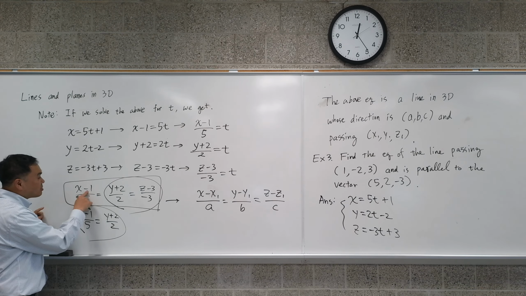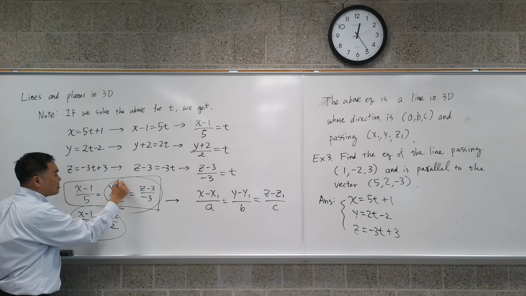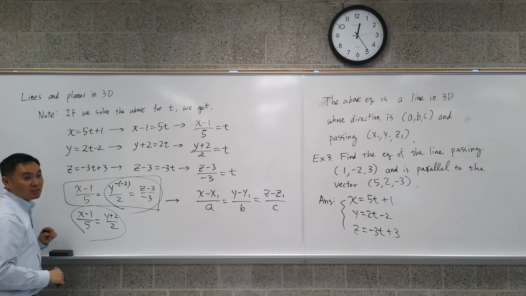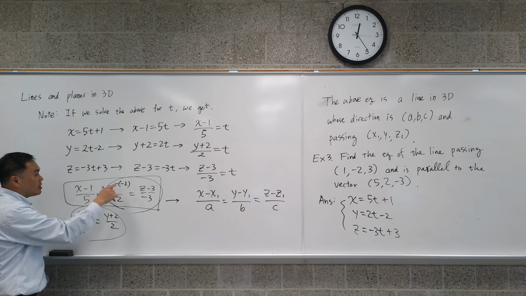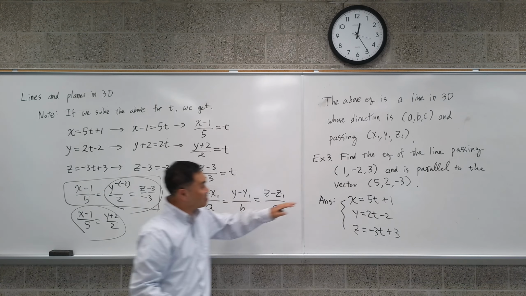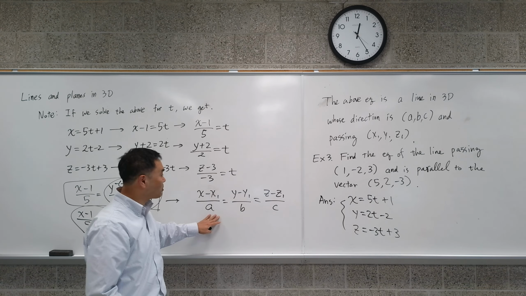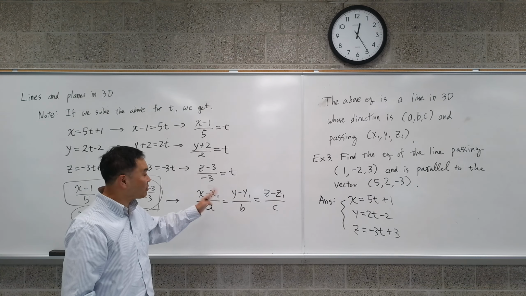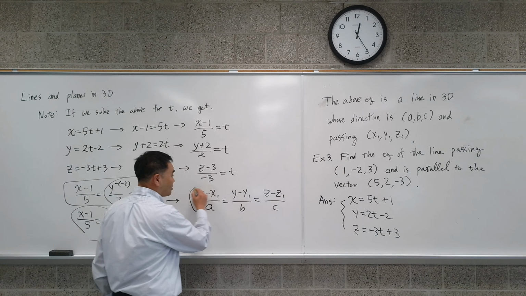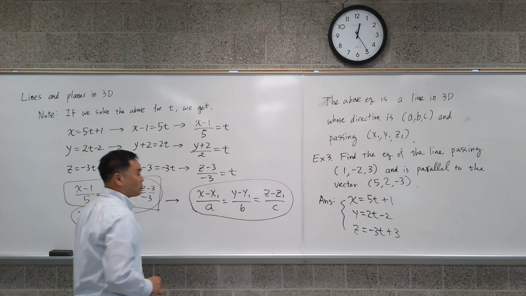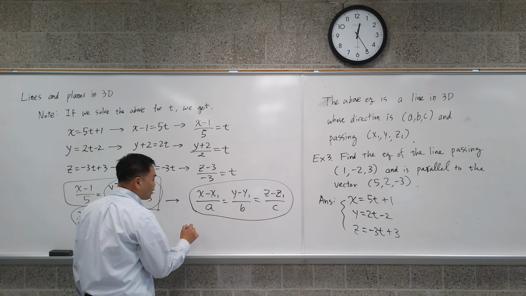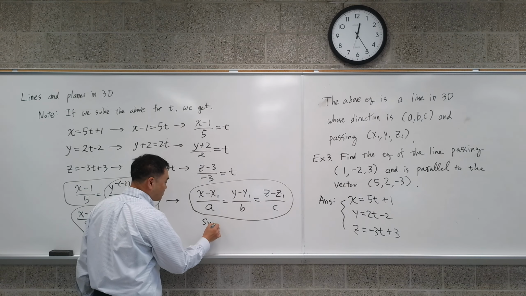It's x minus 1, and think of this as x minus negative 2, and x minus 3, so it's 1, negative 2, 3, which is exactly this point, right? So you see that the formula for a line equation without the t is this one. And such a form is called a symmetric form.